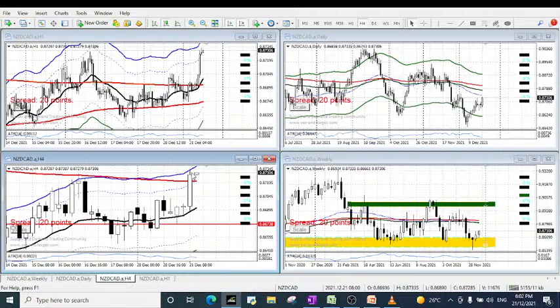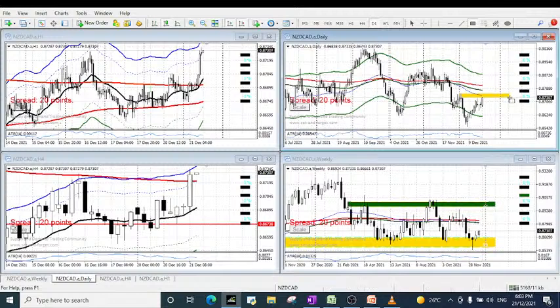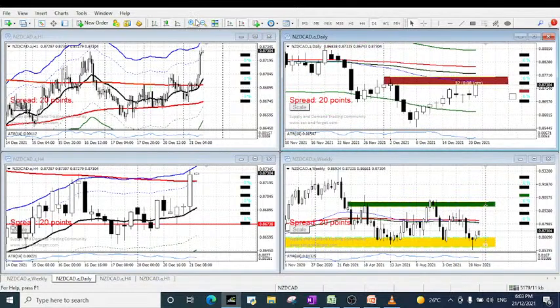Okay, so now we have a potential setup. NZ Canadian dollar. We are heading towards a daily zone, though. That is a daily zone, and another potential problem is that for today, we've already made a big move in one direction.